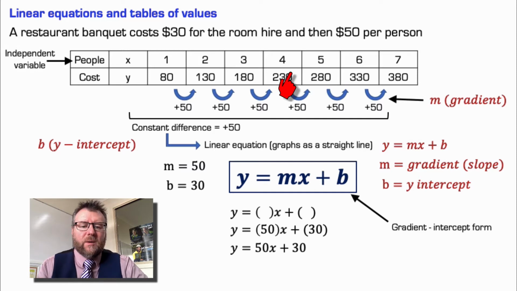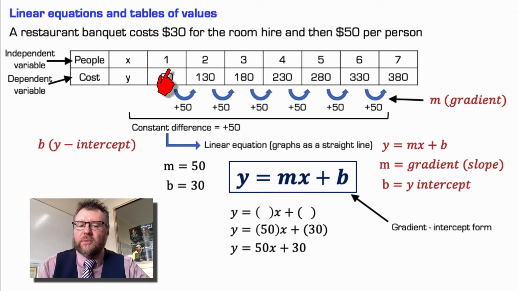I could pick any value I want. But the bottom one, or the y value often in a table, we call the dependent variable, because this number will depend on the top one. So if I took this 1 and substituted it into this equation down here, my 50x plus 30, I would get 80. It depends on what I put in. So I have an independent variable and a dependent variable.